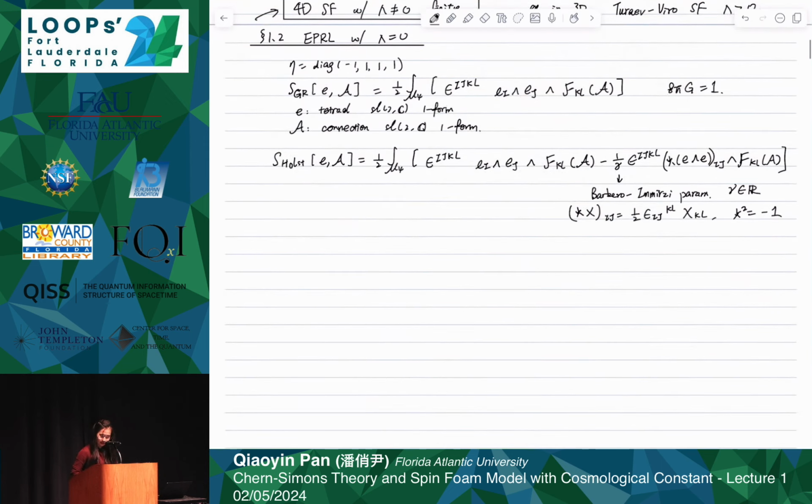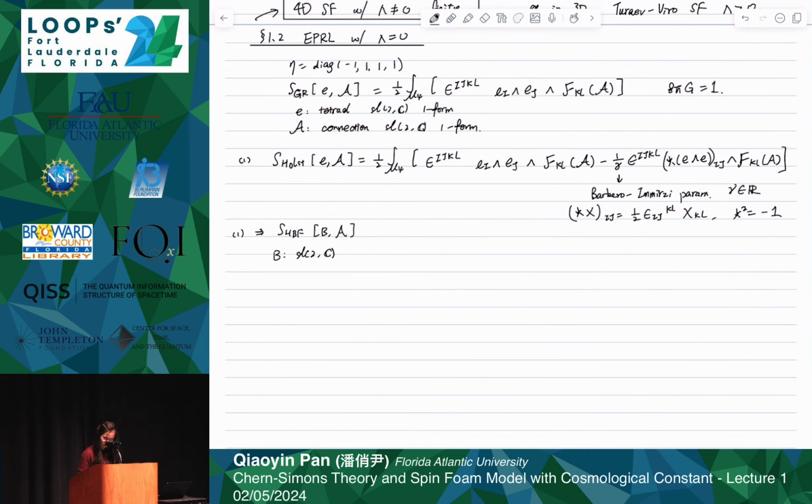And this Holst action can be written as the action of a topological theory with a constraint. I'll call it equation 1. This topological theory is a BF action, I'll call it Holst BF, and this B is an SL(2,C) 2-form.